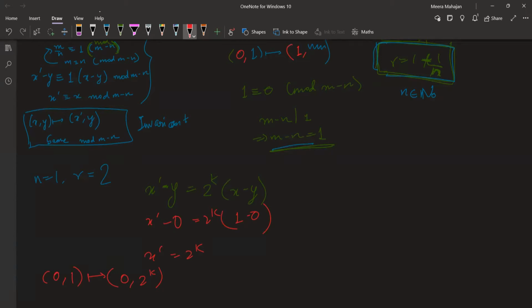Now let us try to move the blue bead. You have x prime minus y is this equation. Now we are going to move the red bead, and hence x prime, y is the blue bead, which is at 2 to the power k, is 2 to the power, I'll take a different k, which is L, times 0 minus 2 to the power k.